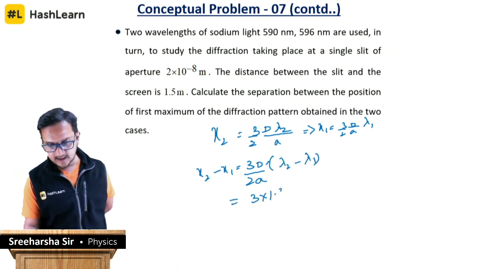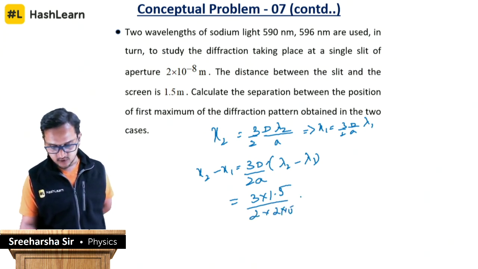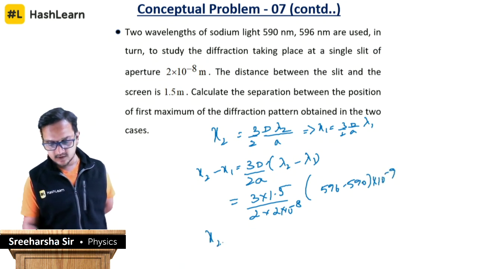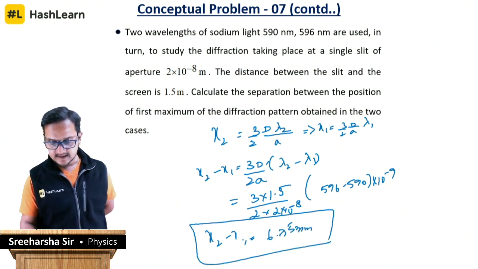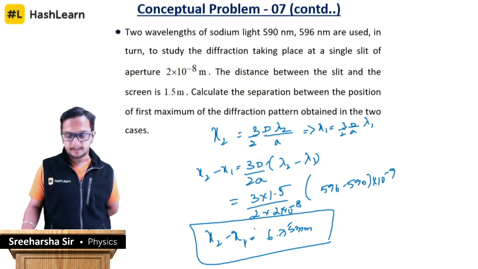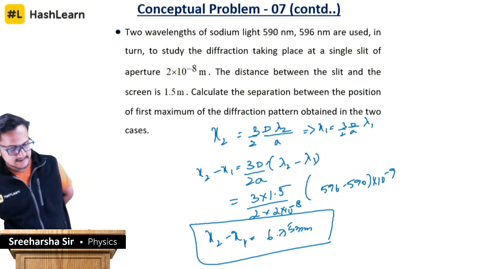So 3 into 1.5 divided by 2 into 2 into 10 power minus 8, into 596 minus 590 into 10 power minus 9. From this you will get x2 minus x1 is equal to 6.75 millimeter. The separation between the first maxima is 6.75 millimeter.